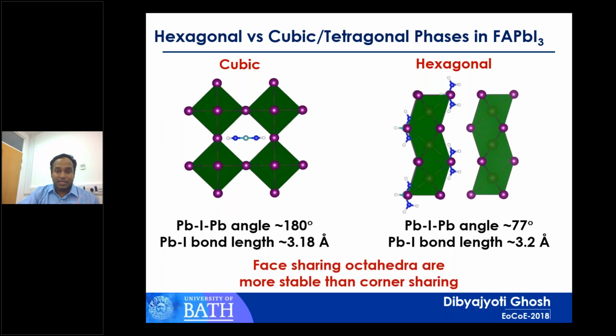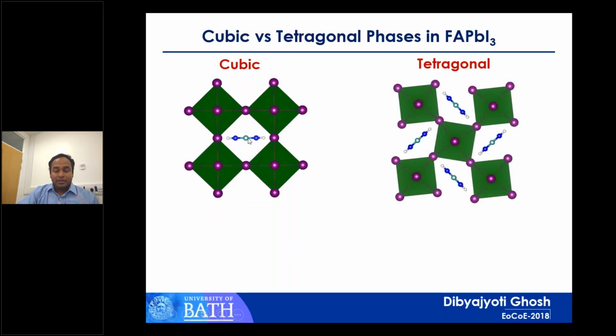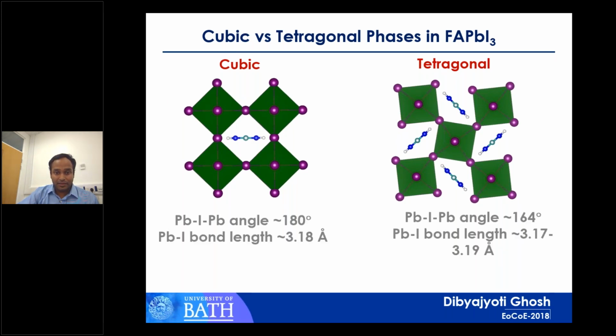So we can understand that this is just because of how the octahedra are attached to each other. As this is face sharing in the hexagonal phase, it is much more stable than the cubic phase, which is corner sharing.